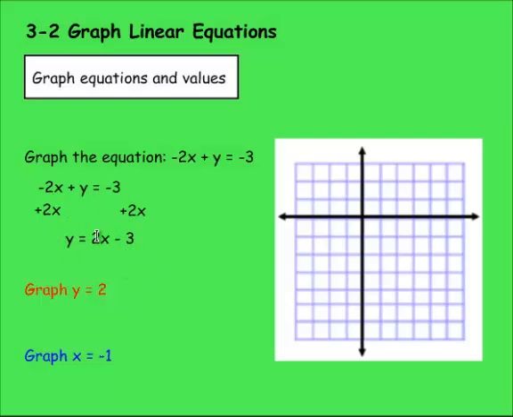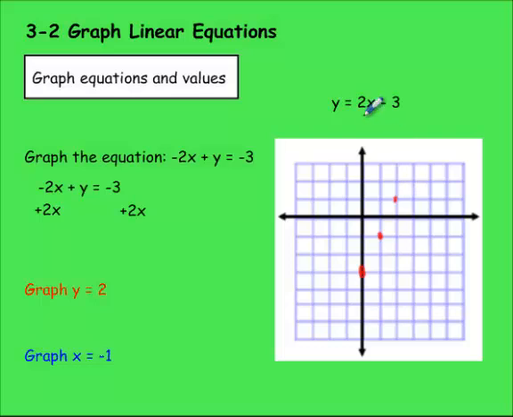And here's my slope-intercept form. So now we can actually plot that out. When x is 0, we would do 2 times 0, which would be 0, minus 3, which is negative 3. When x is 1, we would do 2 times 1, which would be 2, minus 3 is negative 1. When x is positive 2, it would be 4 minus 3, which would be positive 1.